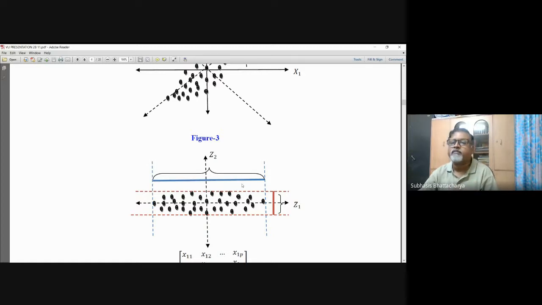The variability of Z2 is not very significant, so we can concentrate on only Z1. Thus, originally our data matrix X is two-dimensional, but in terms of variability it becomes one-dimensional, because Z1 is important, not Z2. Is it clear? In terms of variability.